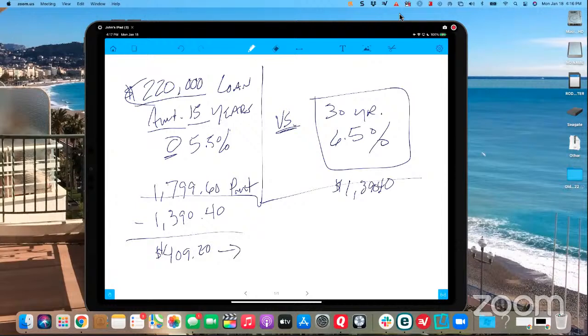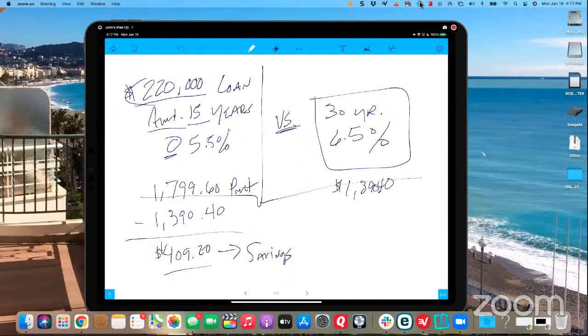That would be the monthly payment savings. Now I'm going to double check my math. 1,799.60 minus 1,390.40, and that gives us 409.20.